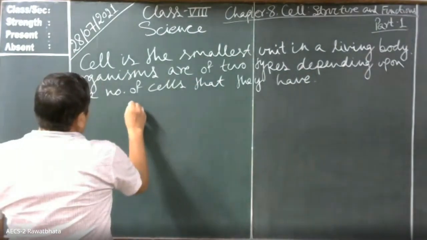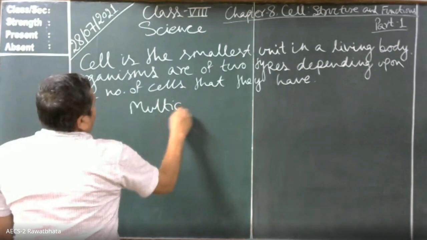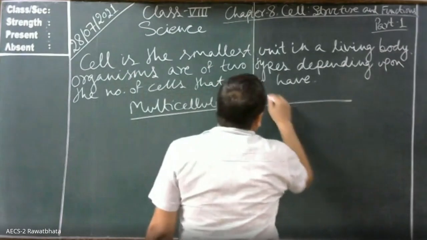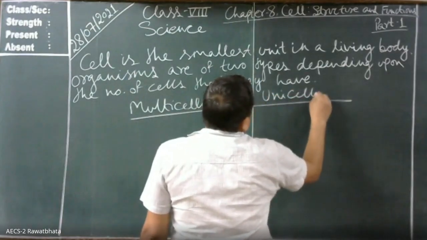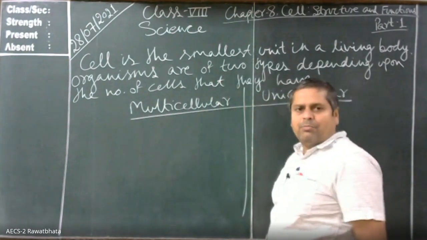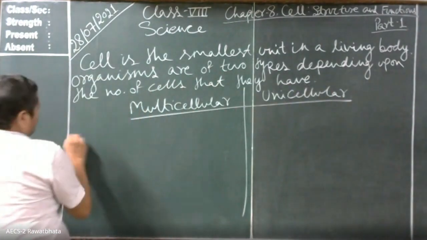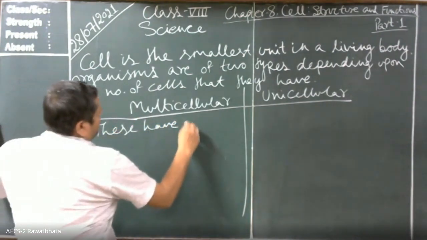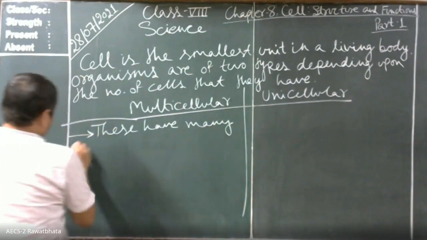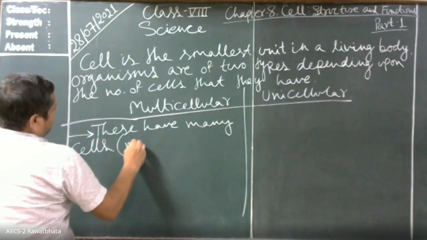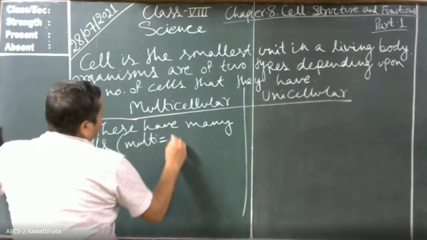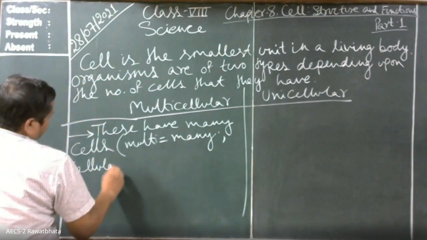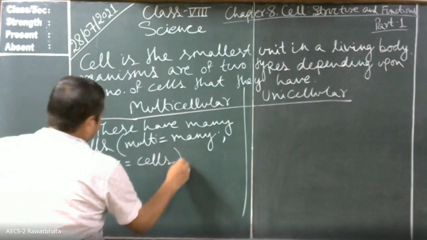First is multicellular organisms, and another is unicellular. Multicellular organisms have many cells. Multi means many, and cellular means cells. Okay.